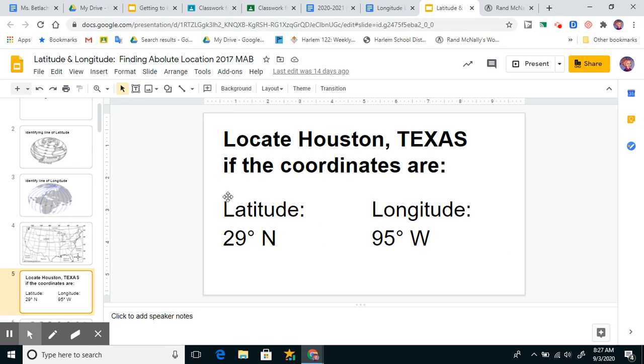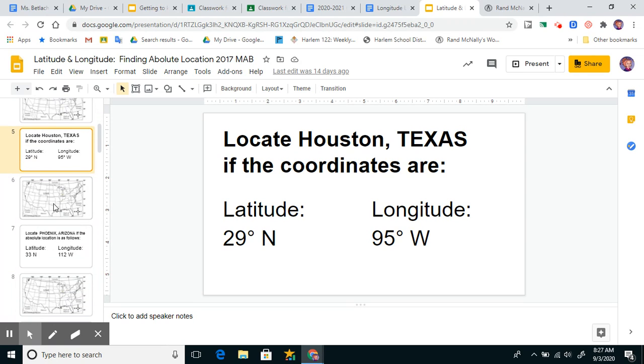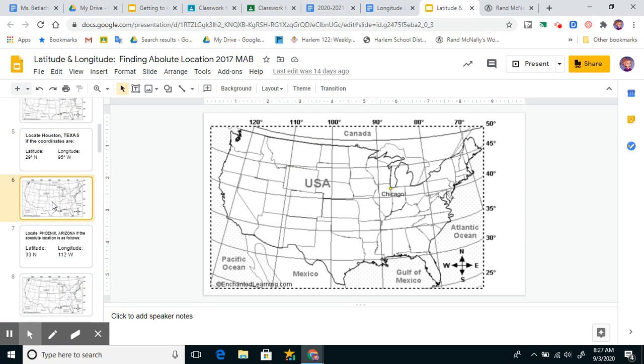You always write the line of latitude, which is east-west, first, and then the line of longitude, which goes north and south. So here we have 29 degrees north, 95 degrees west. Let's take a look at our map again and try to identify those coordinates and where it's located.